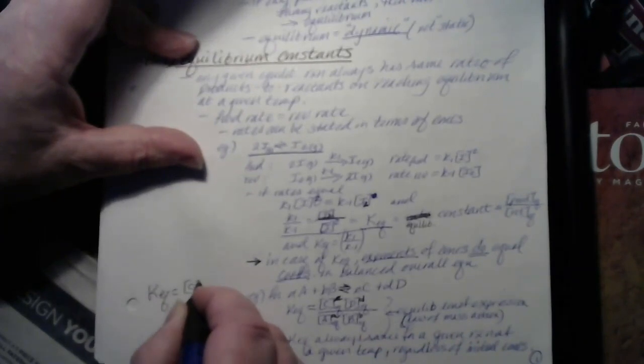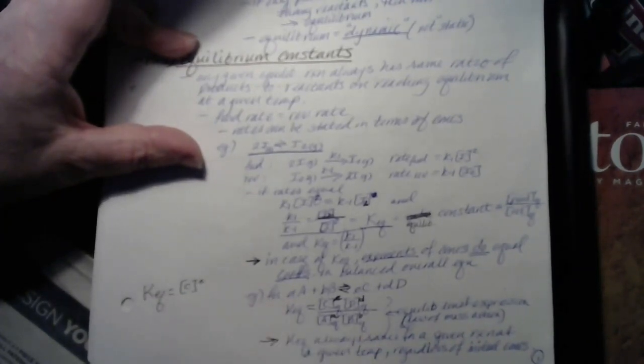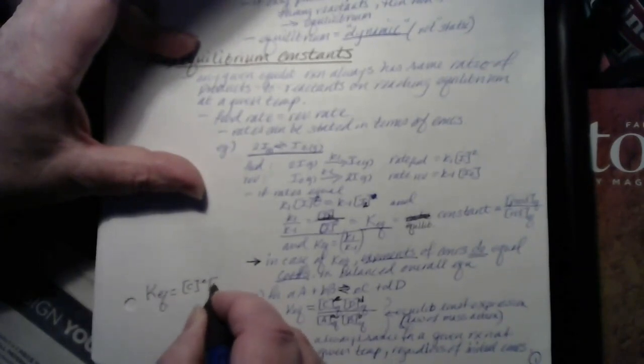And so for a hypothetical reaction where you have a moles of A and b moles of B producing c moles of C and d moles of D, your KEQ for this reaction would be the concentration of C to the little c power times the concentration of D to the little d power over the concentration of A to the little a power times the concentration of B to the little b power. And all of these need to be equilibrium concentrations again.